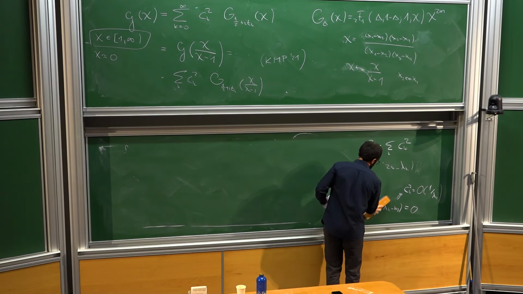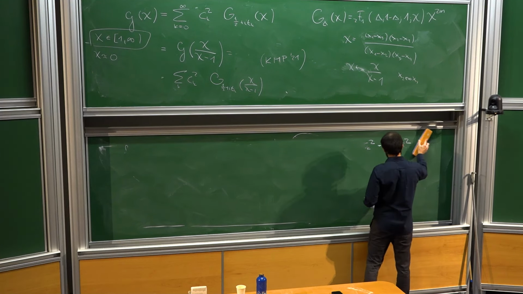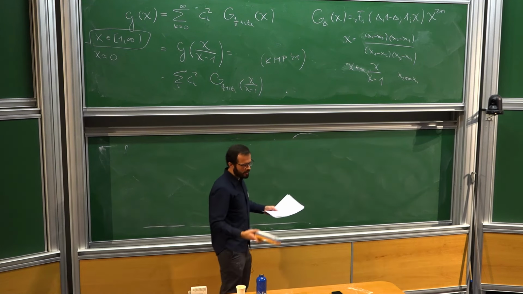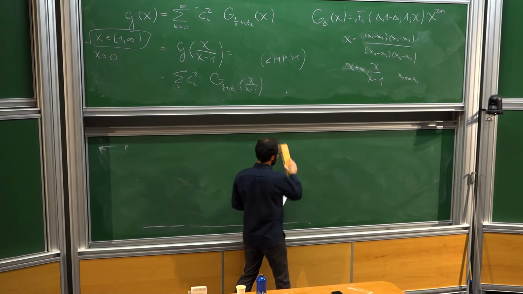And the reason these hypergeometrics appear is that they are solutions of some second-order differential equation, which secretly is the Casimir of SL2. And the reason that SL2 appears is, of course, because we are working in the hyperbolic plane.